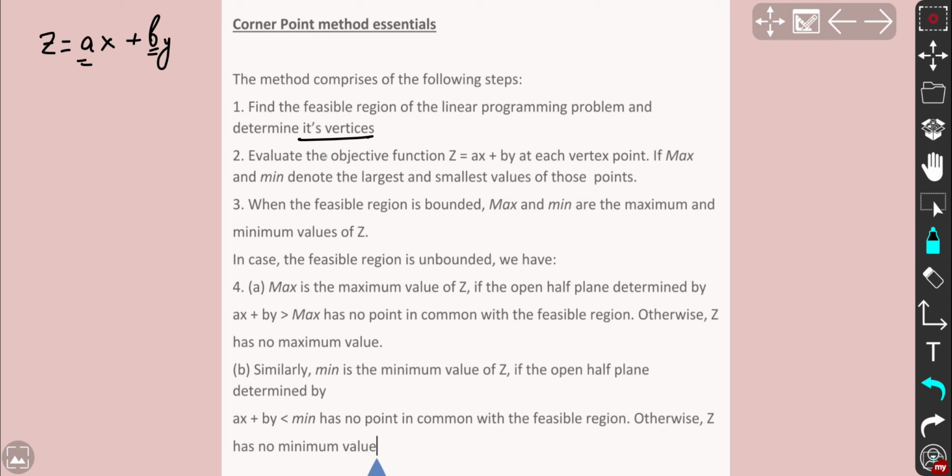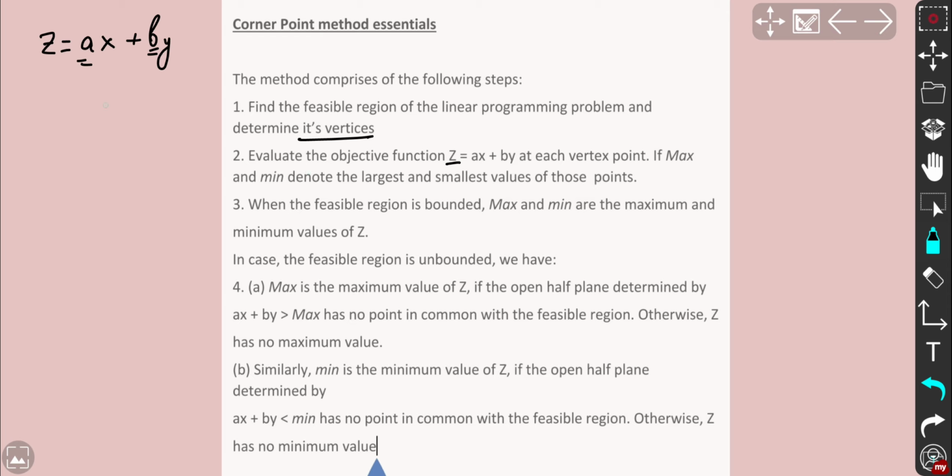The second step: you need to evaluate the objective function Z = ax + by. This is the general case, but for a given problem, you'll be given this function as some linear function, let's say 2x plus 3y, for example. You need to evaluate the Z value at each vertex point.